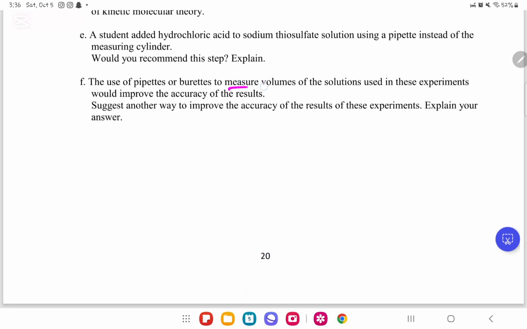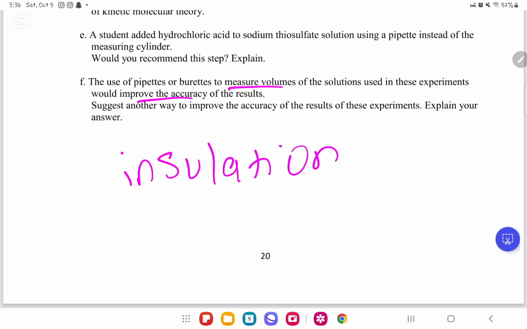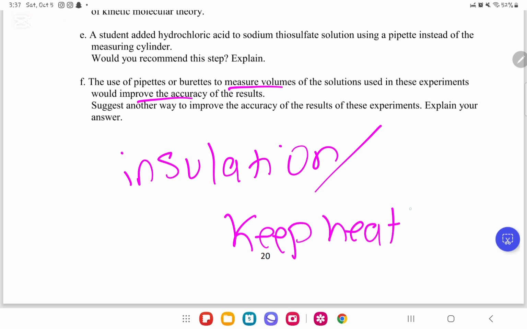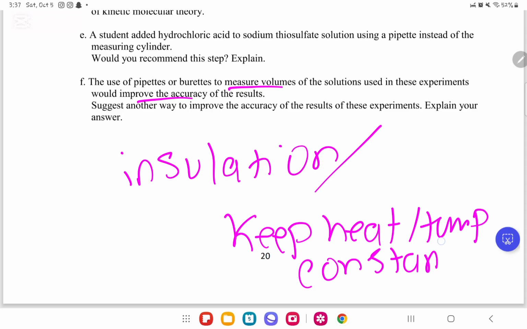And they said, other than measuring the volumes of these solutions to improve the accuracy, we need another way. So instead of losing the heat to our surroundings, we could use an insulation that would keep heat or temperature constant.